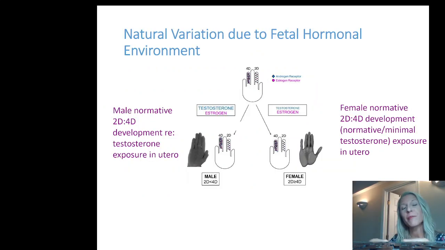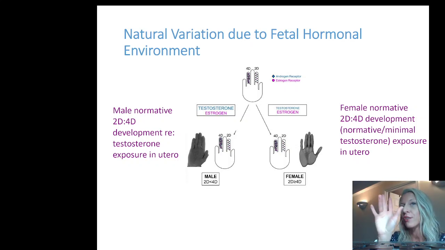To tell you a little bit about your own fetal hormonal environment, to give you an idea of how high of testosterone or estrogen you might have: your 2D4D ratio. Your 2D is your second digit, which is your pointer finger.